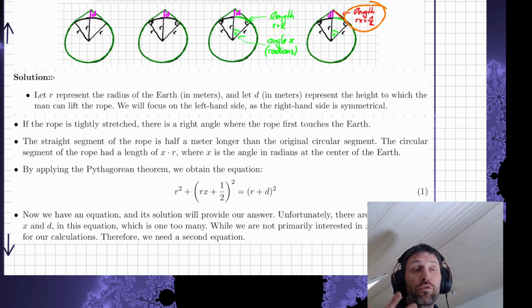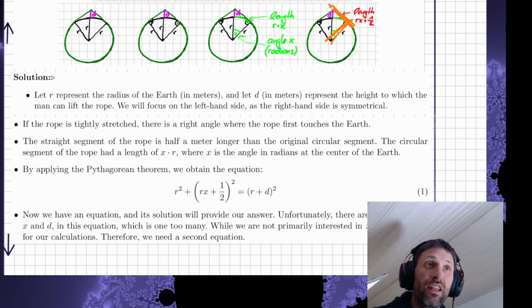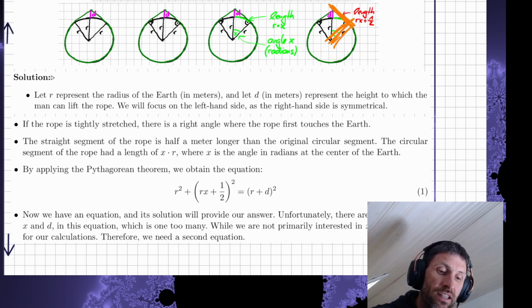And now we want to formulate an equation, and after having this equation we want to find the solution of the equation. Pythagoras, in Germany we say Pythagoras, tells us that here, having a right angle, this length squared plus this length squared is equal to this length squared.